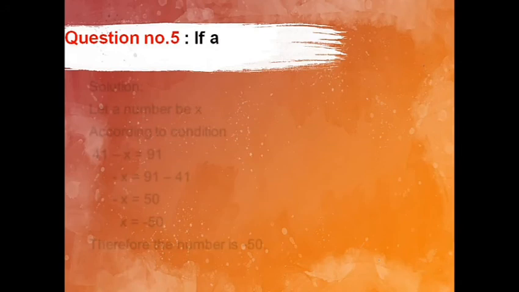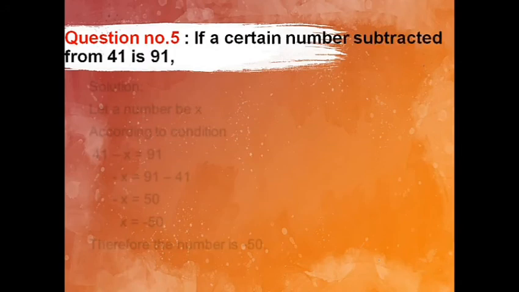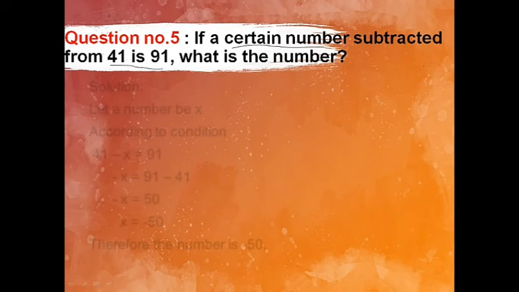Then the next question, question number 5. If a certain number subtracted from 41 is 91, what is the number? So what is given in the question? A certain number, we will take it as x. A certain number subtracted from 41 is 91.